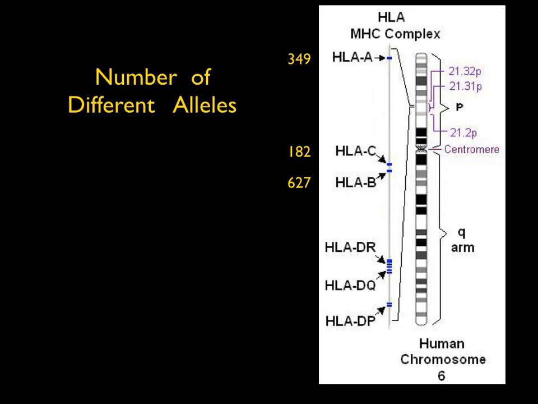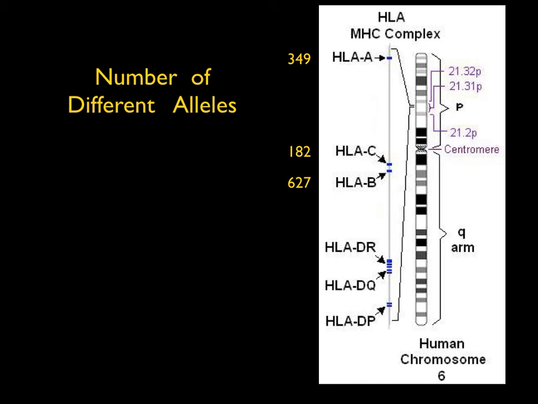Now, take a look at the top of page 15 in your study guide, and let's answer that question there. Letter A at the top of page 15, how many different alleles are there for each locus, each gene location, for each of these 3 HLA alleles that we've looked at here? Well, I think the answer you could put is a bunch.